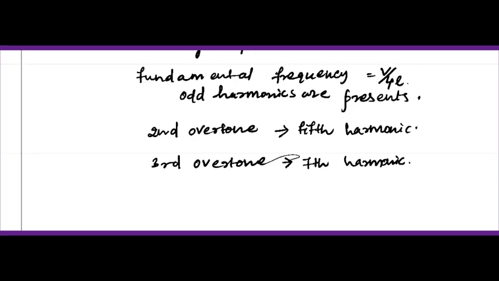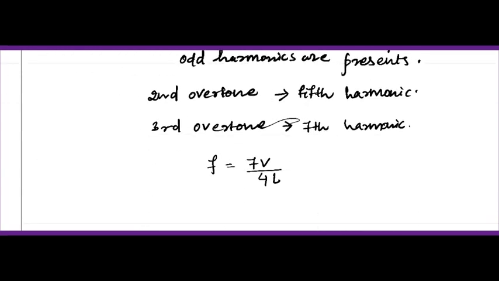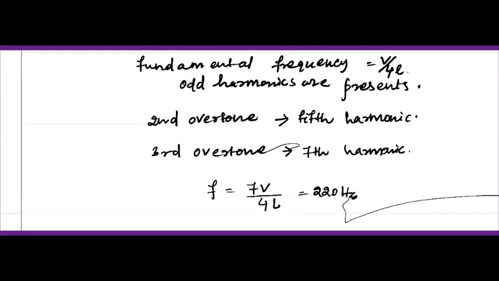So here we can write F is equal to, for closed organ pipe, 7V divided by 4L, which is equal to, as per the question, 220 Hz.